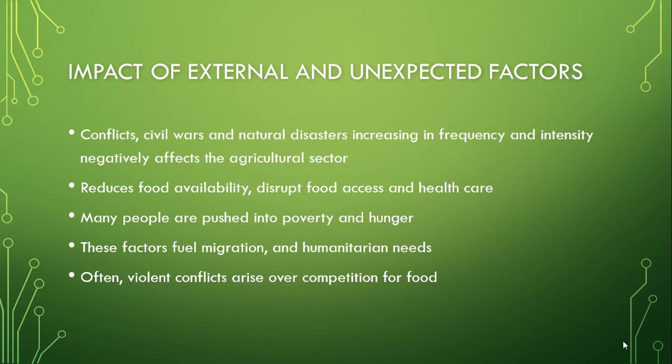They can literally physically damage and destroy agricultural lands and agricultural assets. As a result, this reduces food availability, as well as disrupting food access and health care. So for those who need the food most, not only is the quantity reduced, but their ability to have access to the food is also reduced.